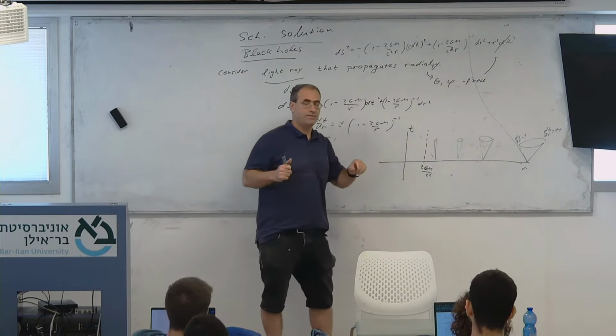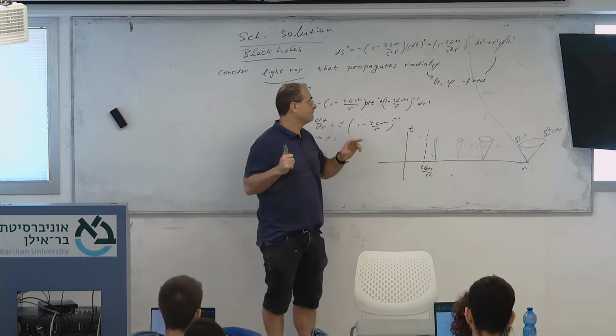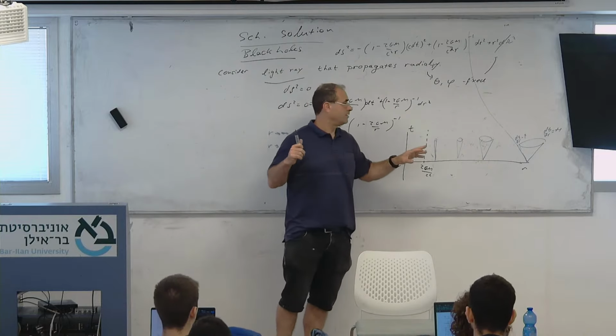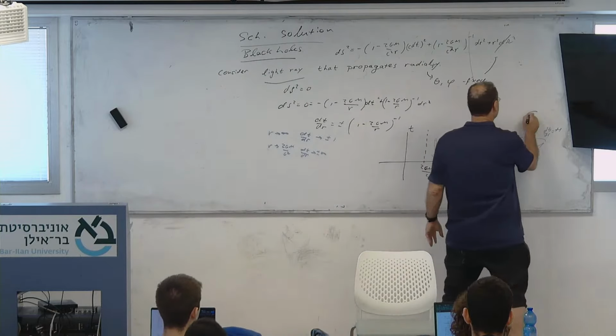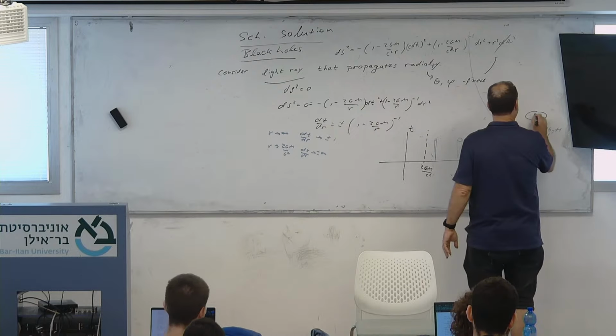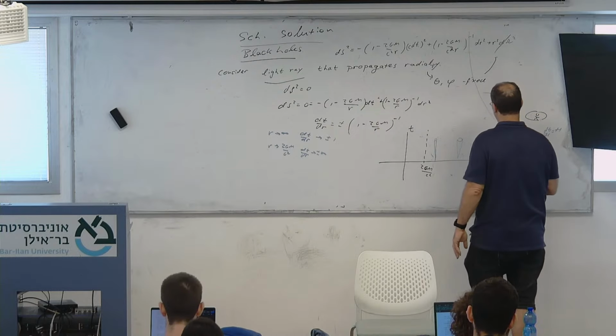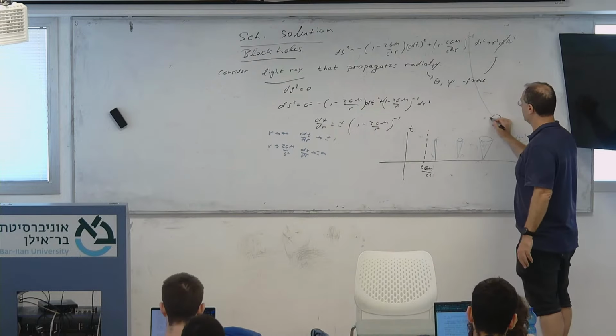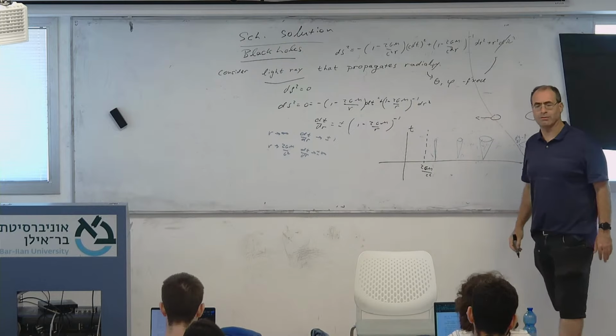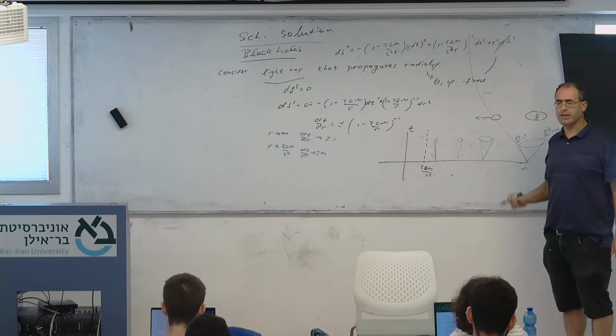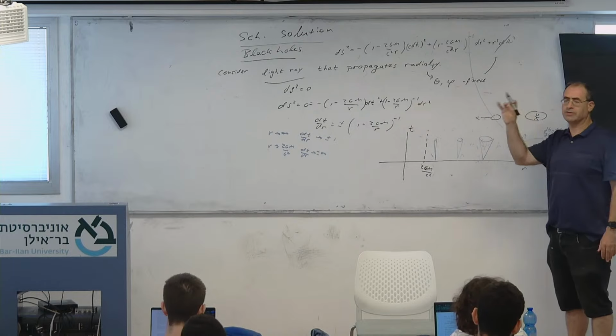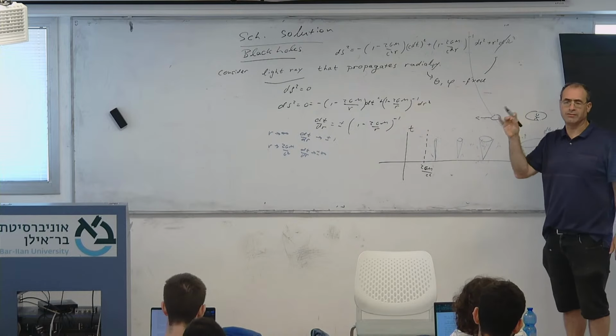So let's say that you're here in a spaceship, and you're sending a probe into the black hole, right? The probe sends you a signal once every whatever.